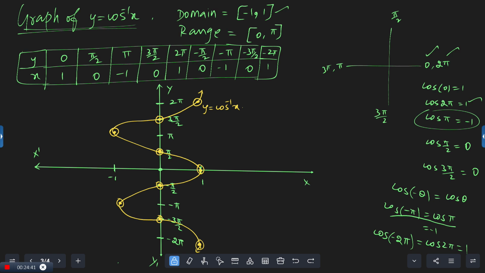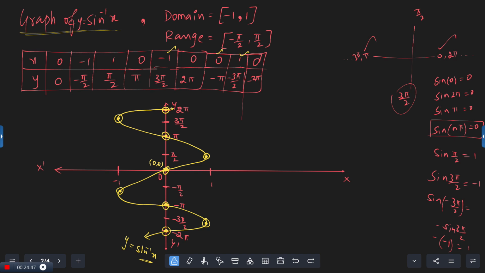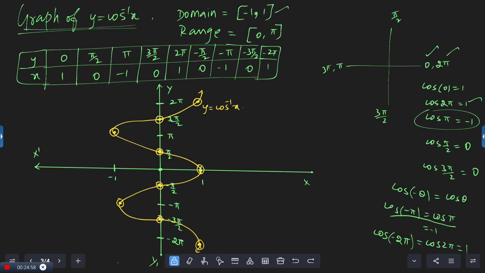Here at 0 degree it is touching 1, but in the other graph at 0 degree it is 0 only. It reaches 1 when x is pi by 2. If you compare them, then only you can remember these two diagrams. Very important. Like that we can see the remaining 4 also in the next class.